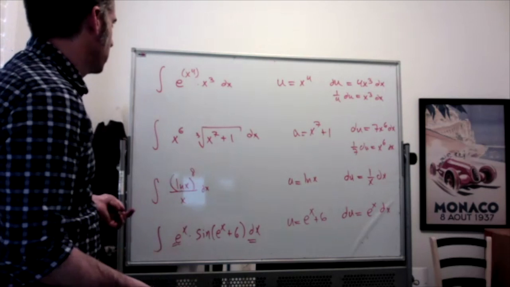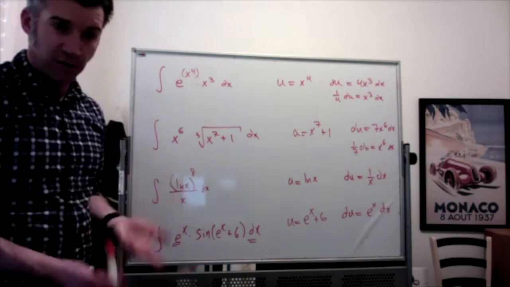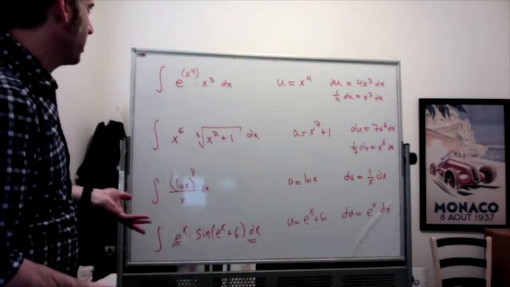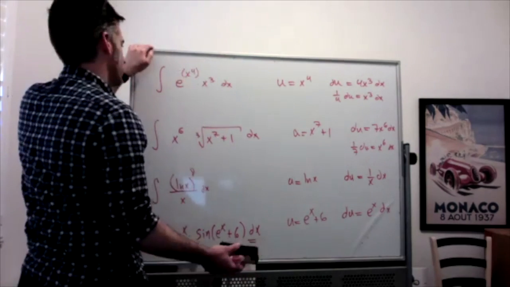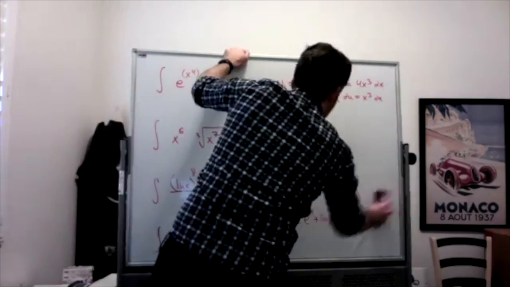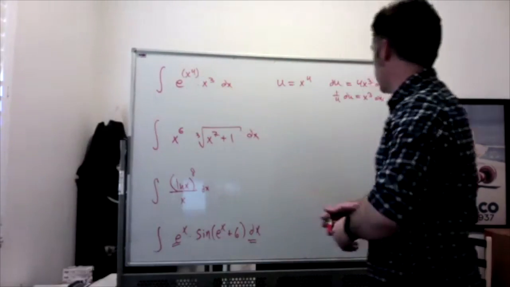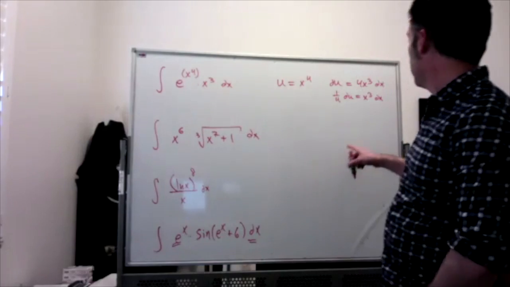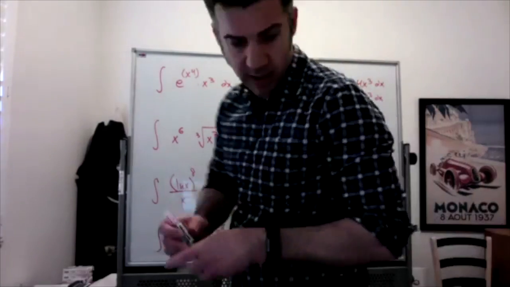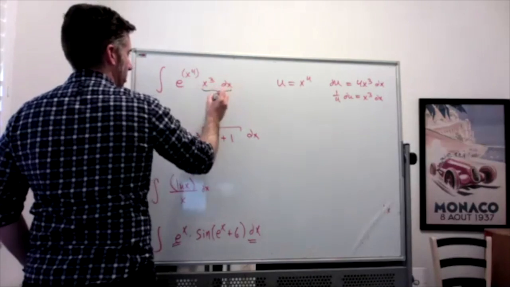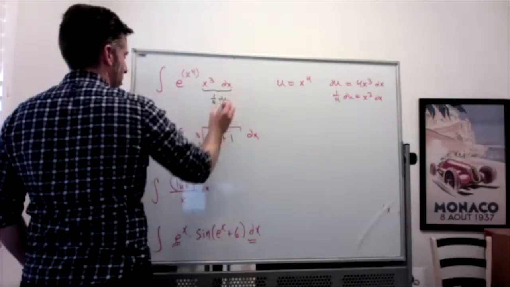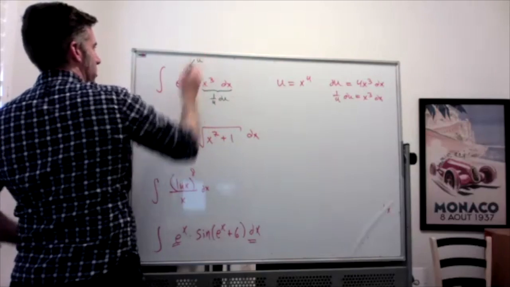They get a little repetitive, but let's go ahead and take a look. If we actually did this first one here, I would just say, okay, well, my x cubed dx is going to be 1/4 du, and that's going to be u.